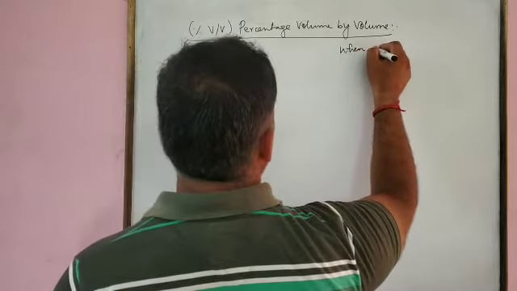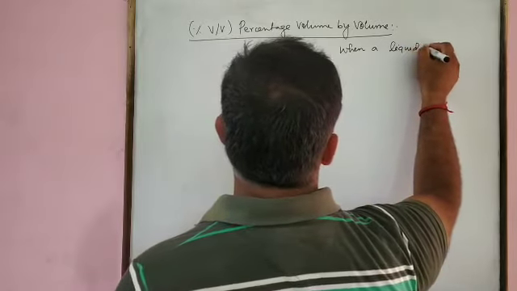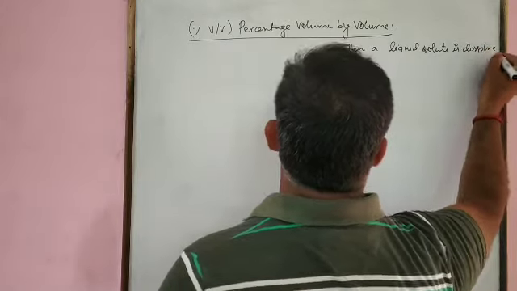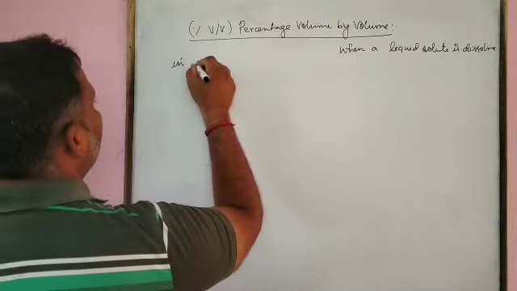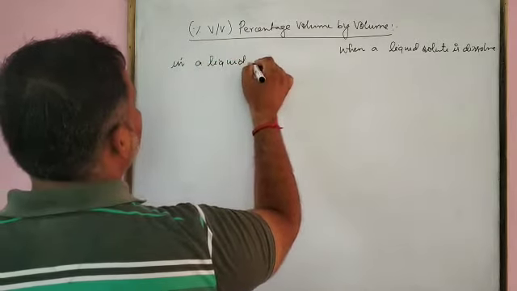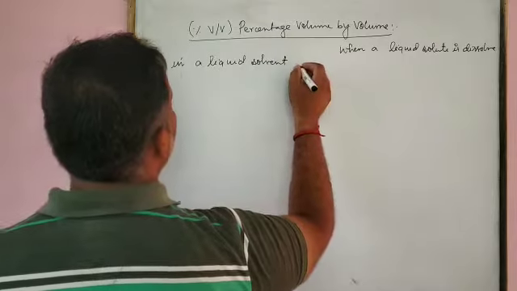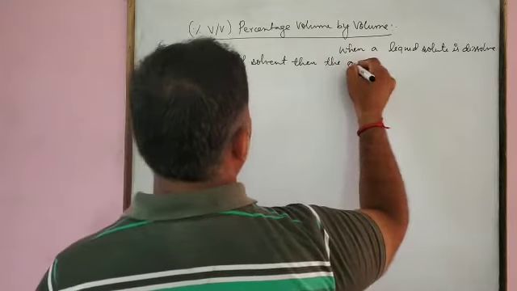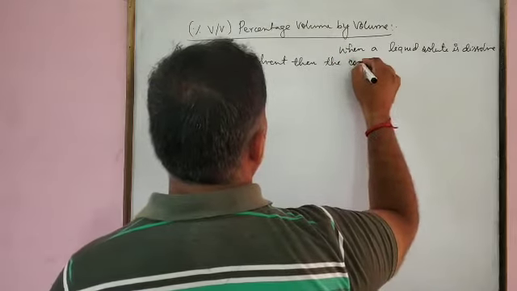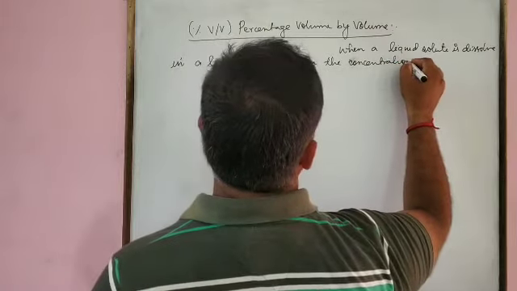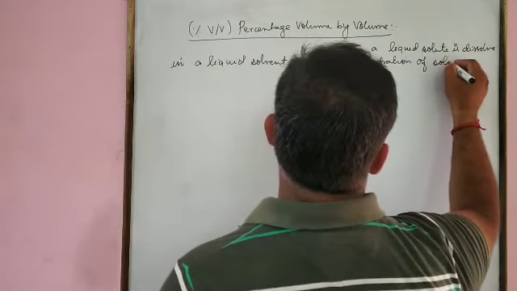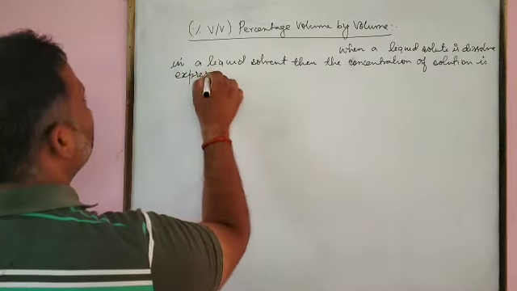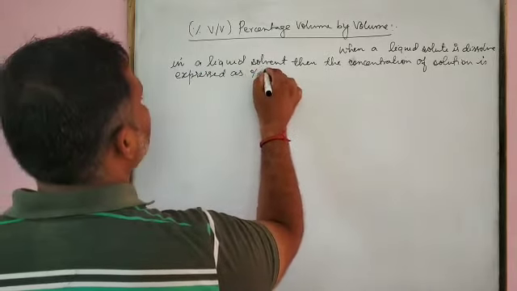When a liquid solute is dissolved in a liquid solvent, then the concentration of the solution is expressed as percentage V by V.